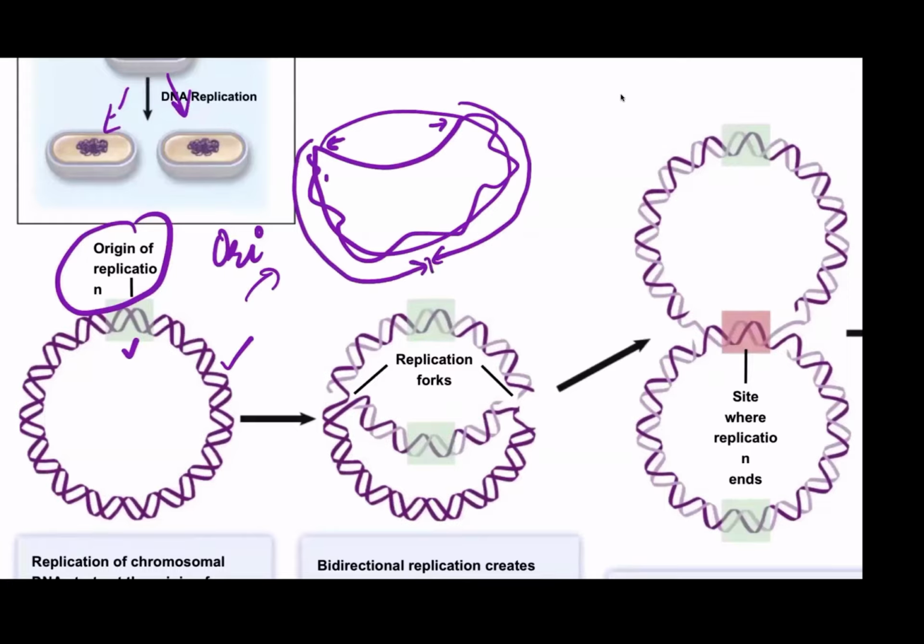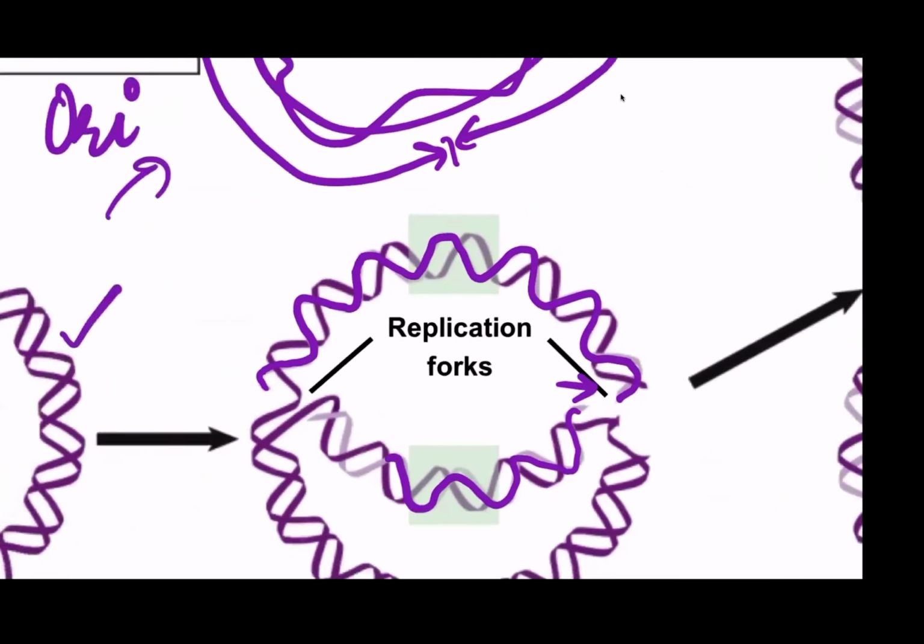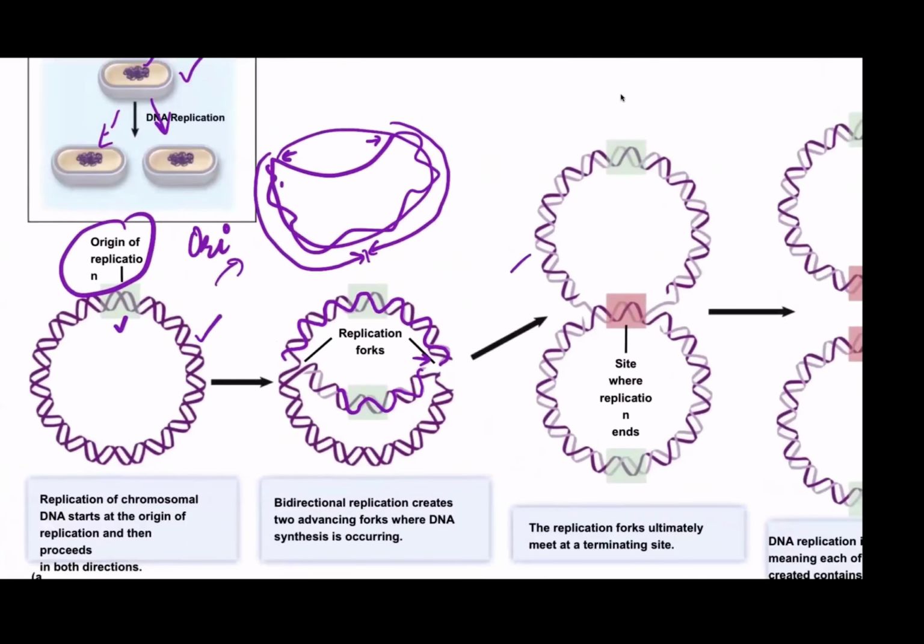It will be faster. What you can see, we call a replication fork, and you keep on opening this helix. First you separate these strands, and you start making the second strand against the older strand, right? And you do the same thing for the other one. So in the end, you will have these two circles, one old, one half.